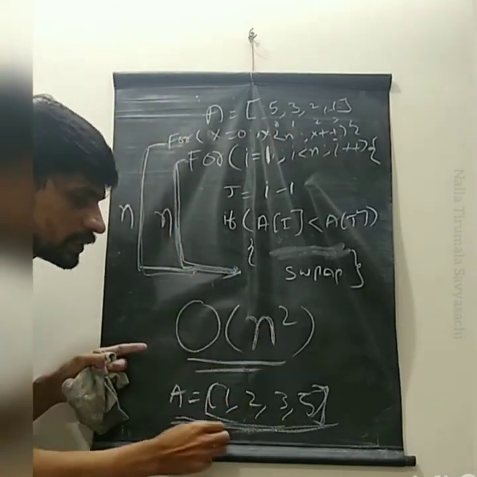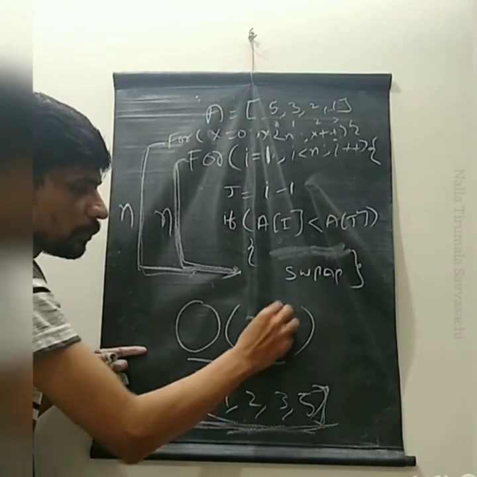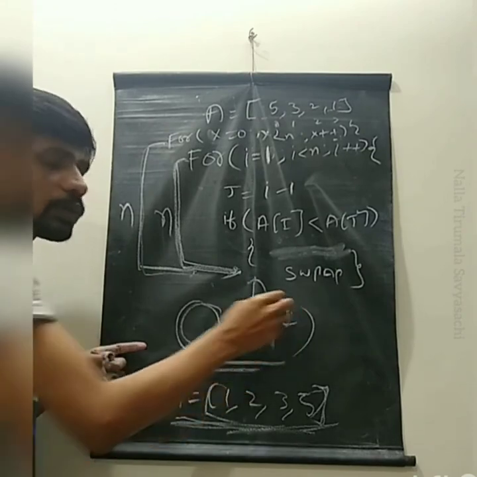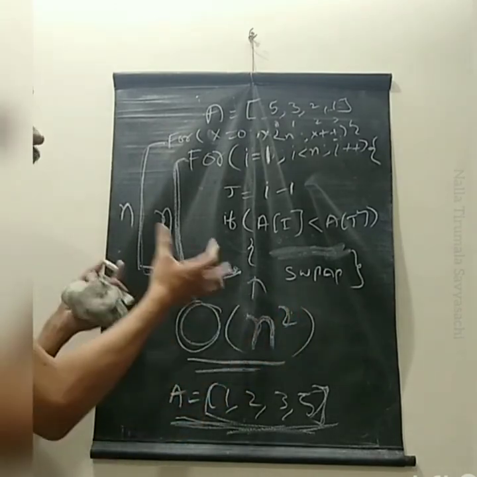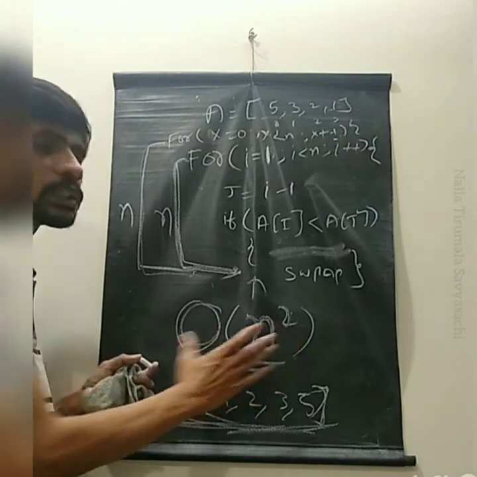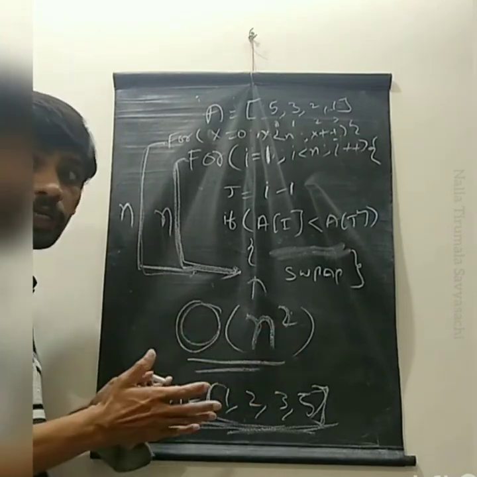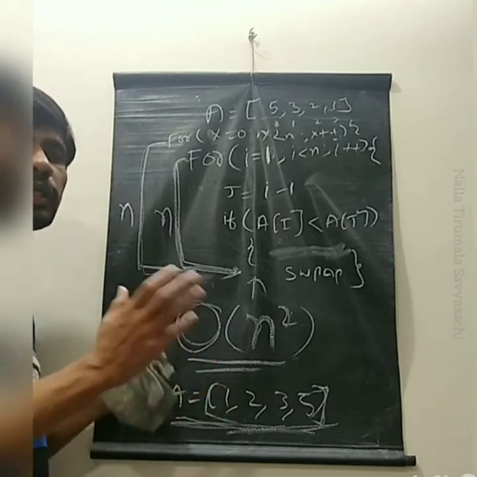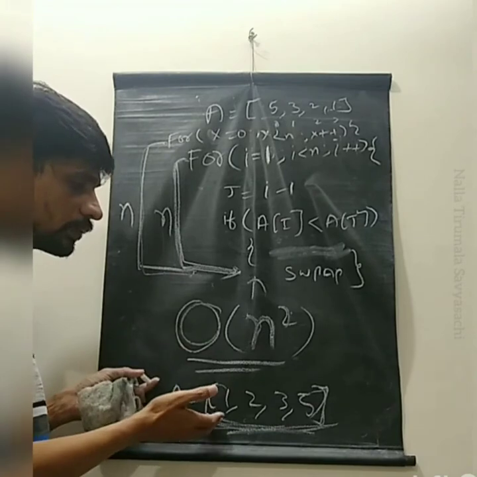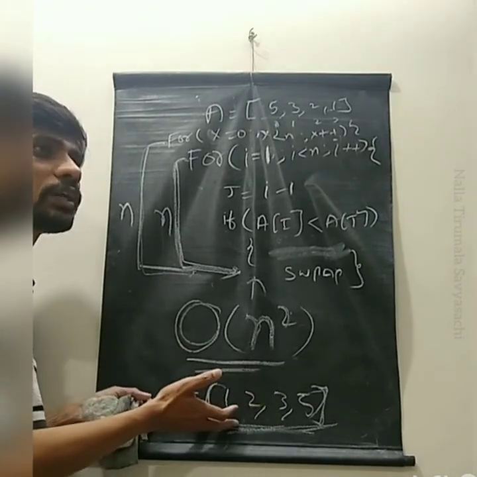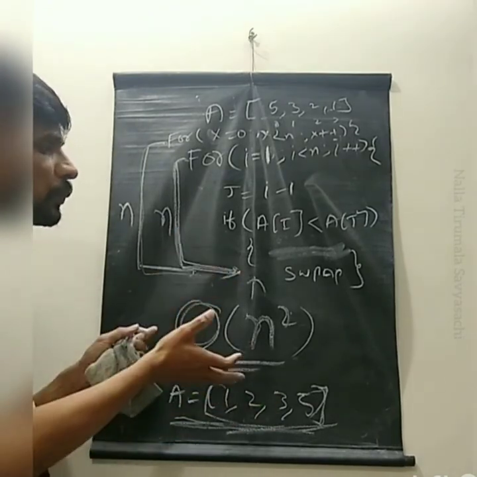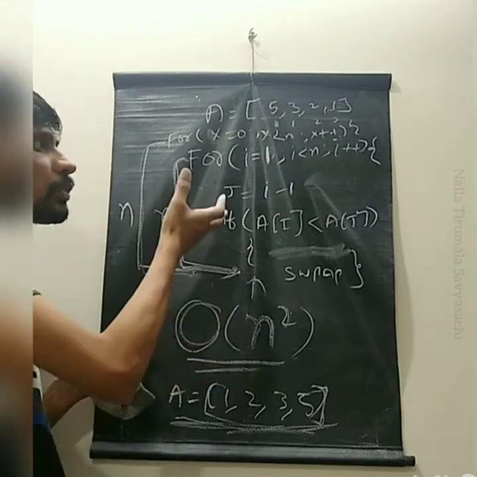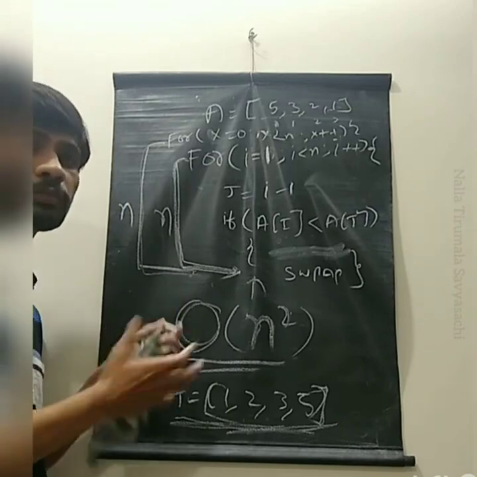So even for the best case scenario, my above code leads to a complexity of order of n square. So we can reduce this. Big O of n square is fine when the given data is not already in sorted order. But if my given data is already in sorted order, I should be able to reduce the complexity by using some algorithm, some technique.